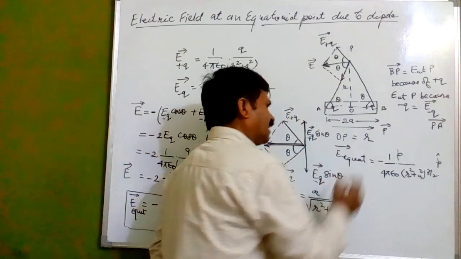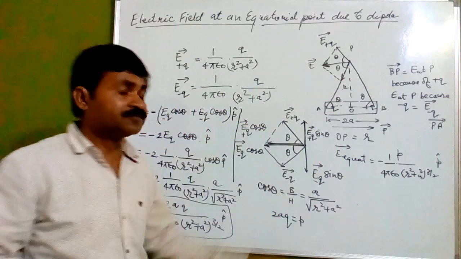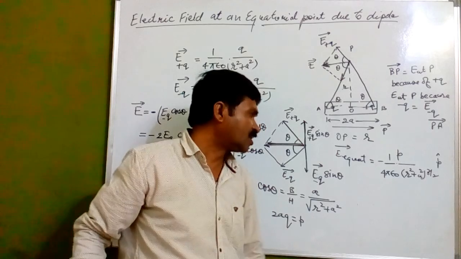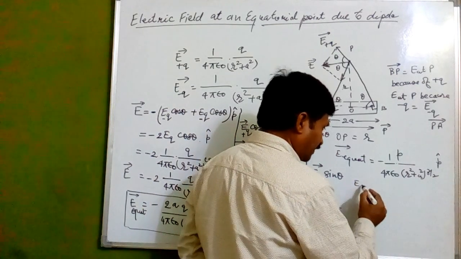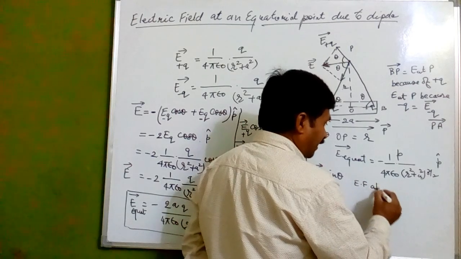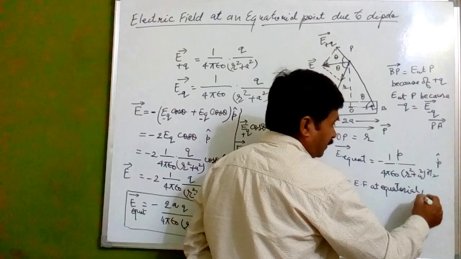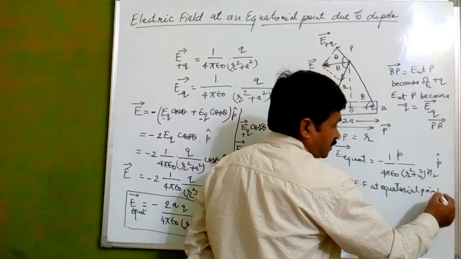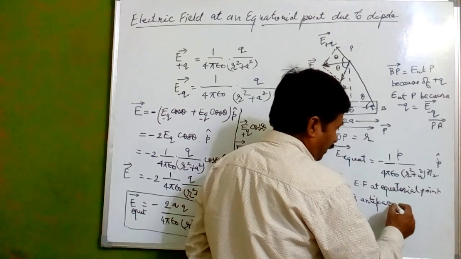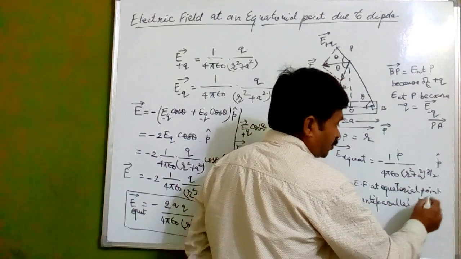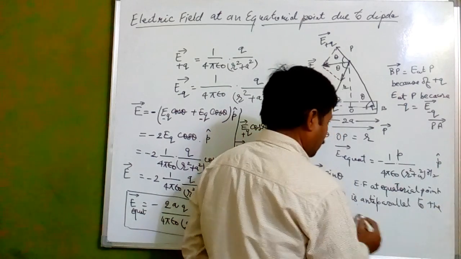Now see here, the electric field is acting in this direction and the dipole moment is acting in the opposite direction. So we can say the electric field at the equatorial point is antiparallel to the dipole moment.